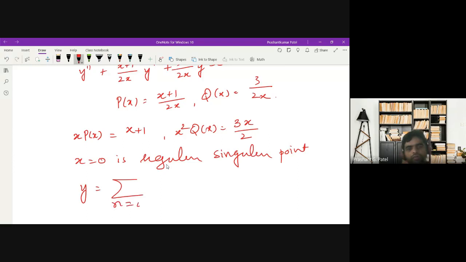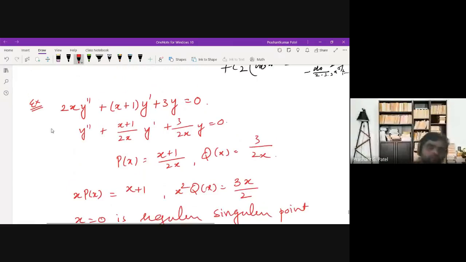We can write down the solution in this form, n running from 0 to infinity a n x raised to m plus n. Now we know what y dash and y double dash are. I'm not writing them again here, because we already calculated them in the previous example. Then I substitute these values of y dash and y double dash into the given differential equation.